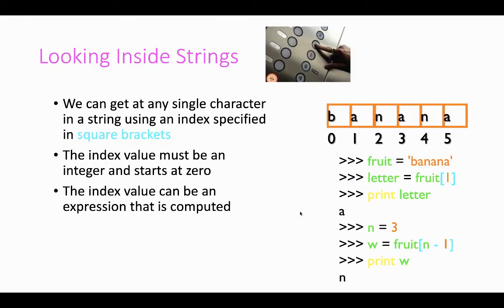Let's move on to the next topic, which is looking inside a string. Suppose I give a string, how will Python store the data, and how will these characters or strings be assigned an index? Here in the first point, we can get any single character in a string using an index specified in square brackets.